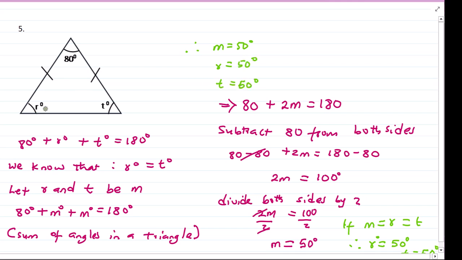And it makes sense because since the base angles are exactly the same, they must be the same. So here is 50 degrees, here is 50 degrees. And if you add them up, 50 plus 50 is 100 plus 80 gives us what? 180 degrees. And that makes sense because the sum of angles in a triangle is 180 degrees.